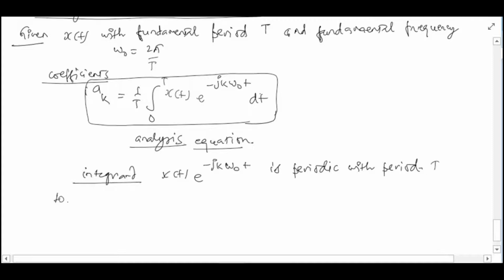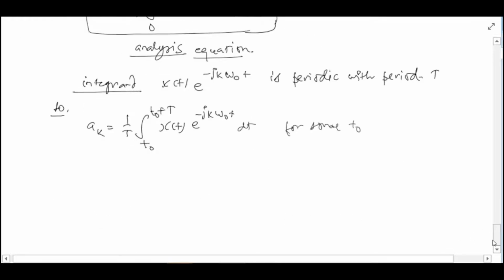So we can also define a_k to be 1 over T, integral from t naught to t naught plus T of x(t) e raised to minus jk omega naught t dt, for some t naught. So this is an alternate definition of the Fourier series coefficient.